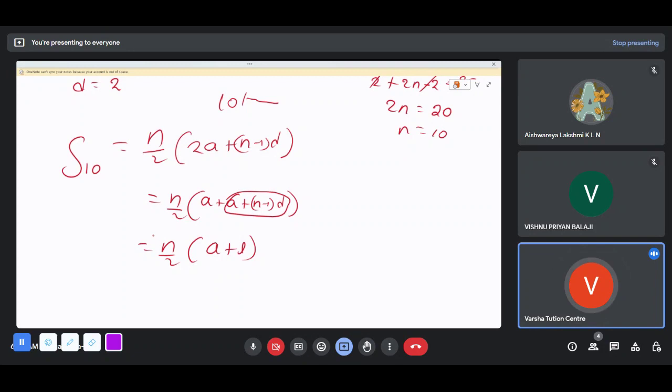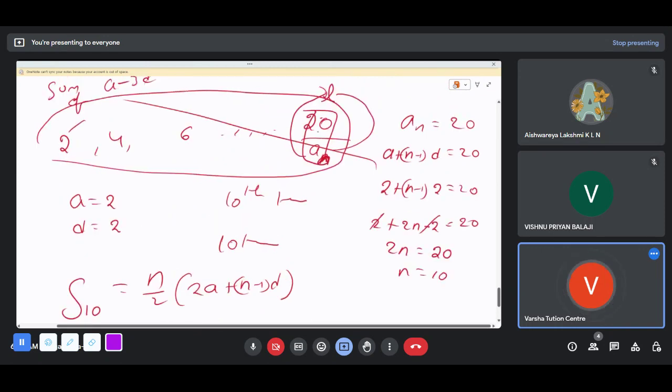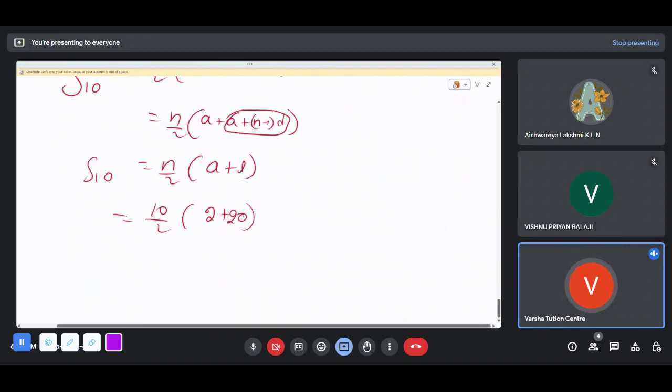So now let us find S10. n is 10 by 2, a is 2, L is 20. Now we have seen the question: this is a, this is L, this is S, n is 10 terms.